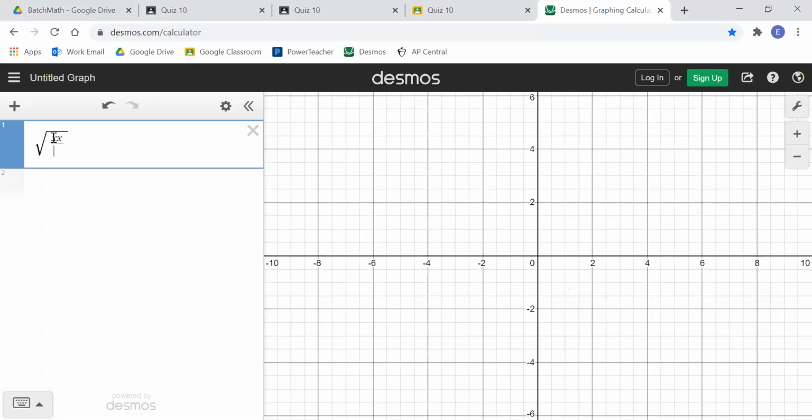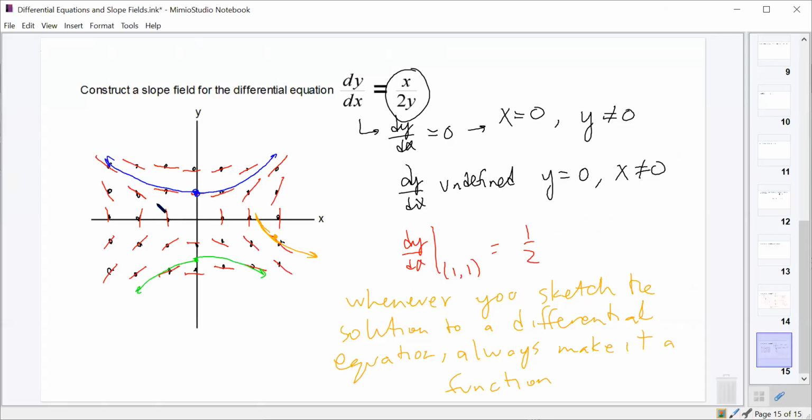So you're going to have square root of x squared over 2 plus some constant. Suppose we put in a plus 3. This is what that graph looks like. And I would argue that looks very, very close to what our slope field looked like when we sketched the solution curve through a point up here near 0, 1. True?